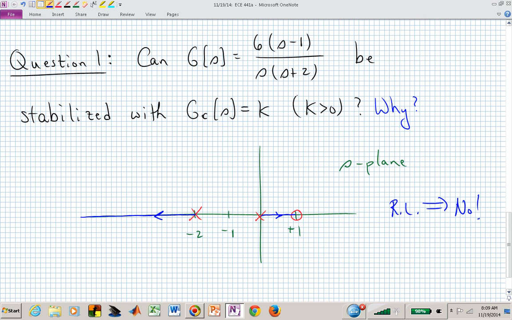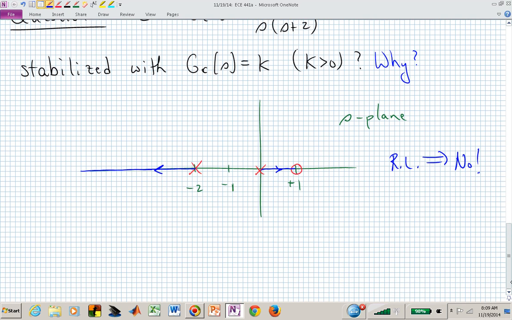Now we have a zero in the right half plane. That's a non-minimum phase system. We'll talk more about that maybe when we get into Bode plots. That's not important, but the important piece today and Friday is that you can't stabilize that with a positive gain. And I keep emphasizing positive gain because we can change things up a lot if we actually used a negative gain. But we haven't been dealing with that.